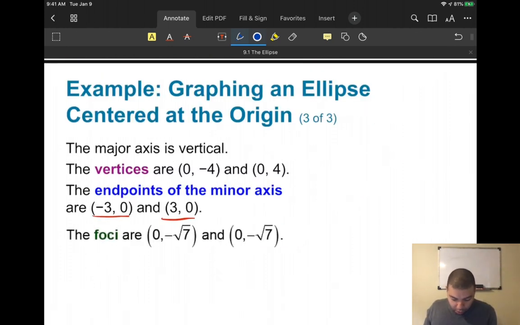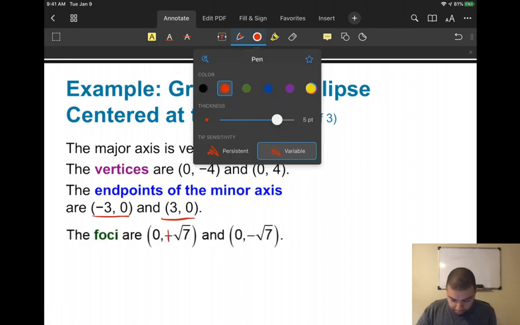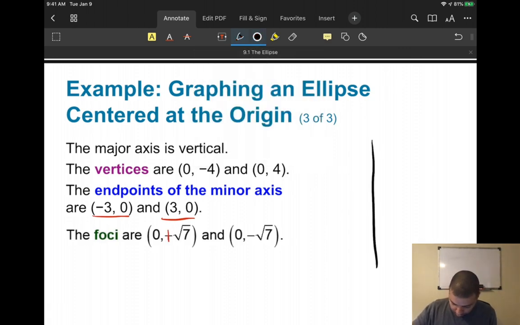Okay, so now with all the information that was collected, let me correct this here too. We can start graphing our ellipse. So we have 1, 2, 3, 4, 1, 2, 3, 4.